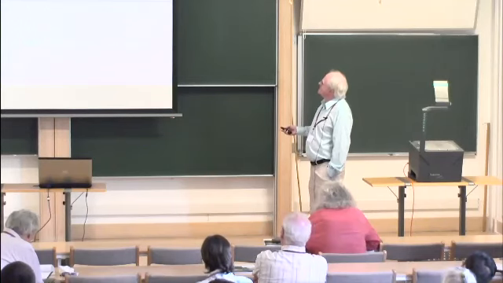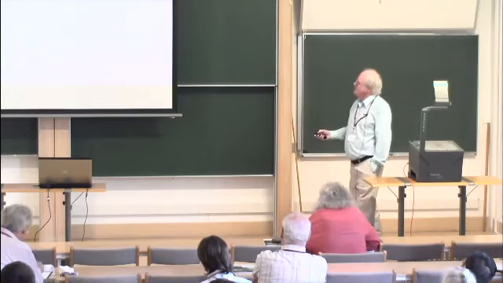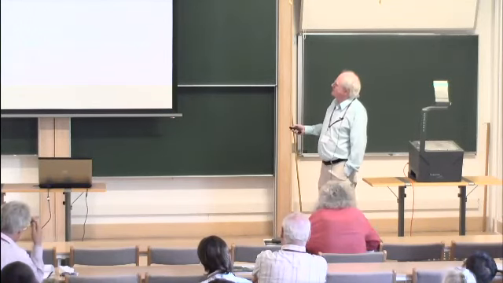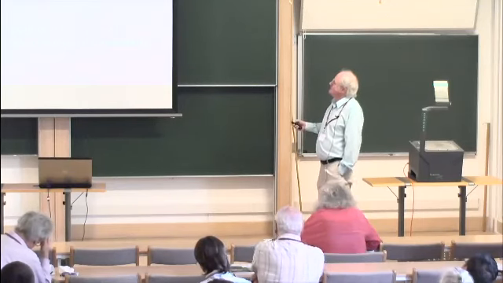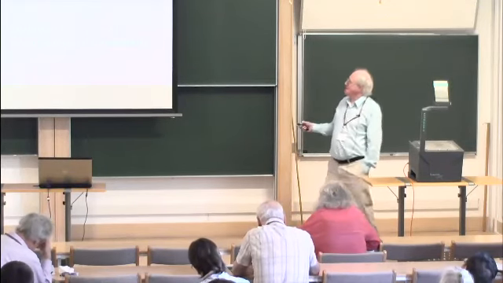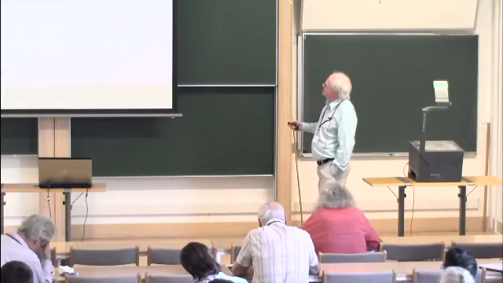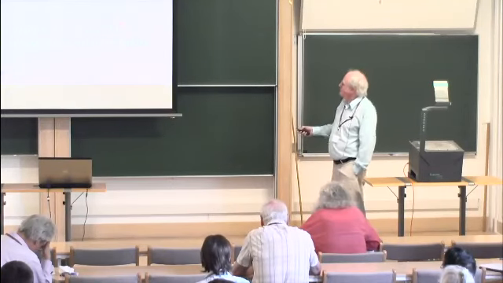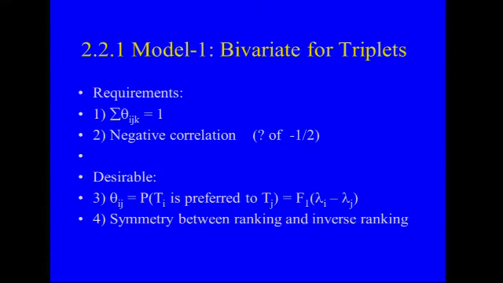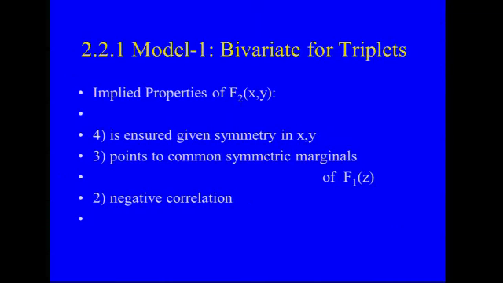If we're going to base a model on this, there are various things we need, and a key one, of course, is we want the probabilities to sum to 1. Possibly negative correlation, because those two differences, xi minus xj and xj minus xk, are negatively correlated. It might be desirable to have the marginal probability that Ti is preferred to Tj given by f1 of lambda i minus lambda j, and possibly symmetry between ranking and inverse ranking.